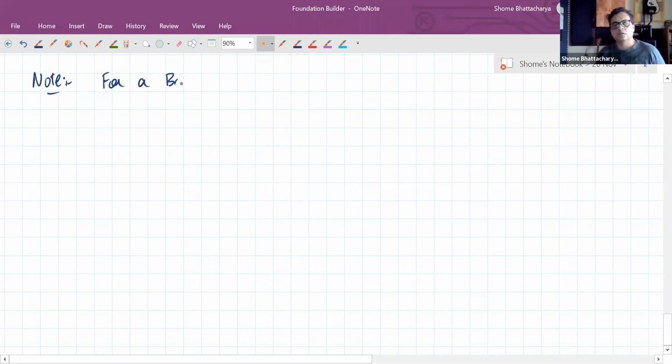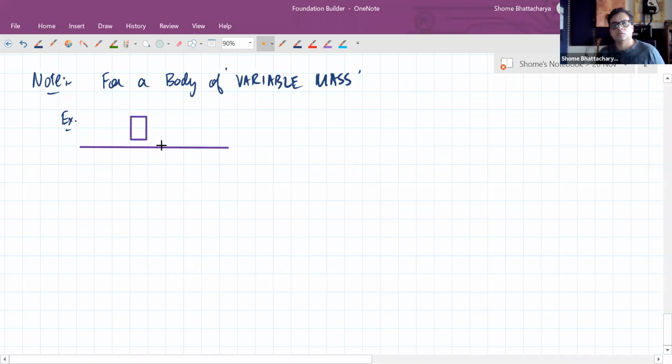For a body of variable mass. So for example, an ice block at room temperature.